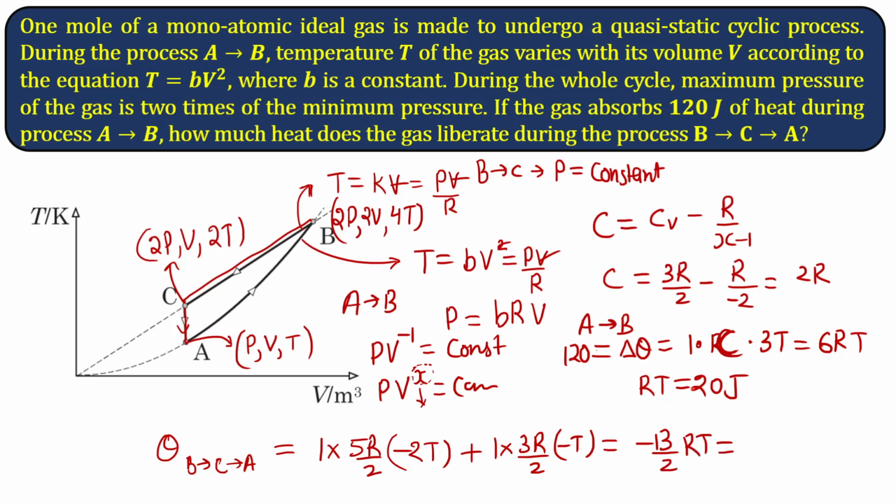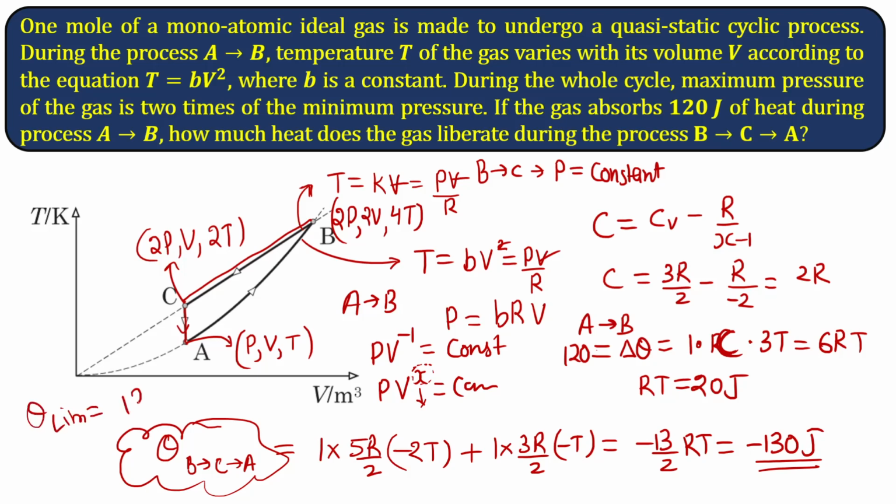So here, if we put the value of RT as 20 joule, it will become minus 130 joule, and that is the heat absorbed, right? So if the heat absorbed is minus 130 joule, the heat liberated, Q liberated, will actually be equal to 130 joule, and that is our answer.